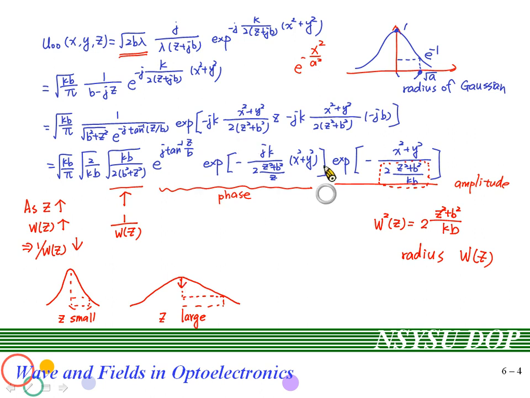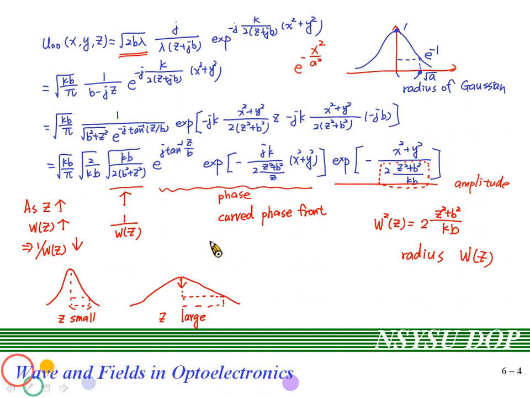And from the phase term here, you can clearly see that again we will have a curved phase front. Since we have a curved phase front, we would like to know what will be the radius of the curve.